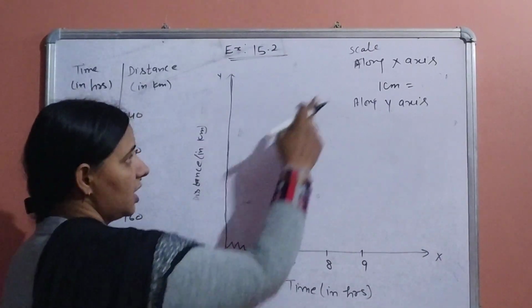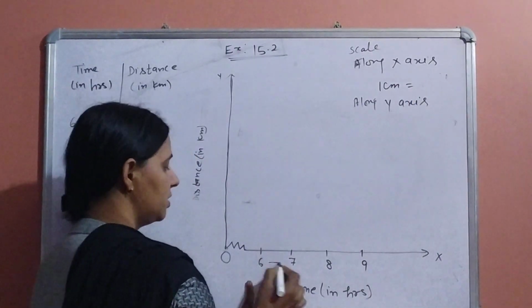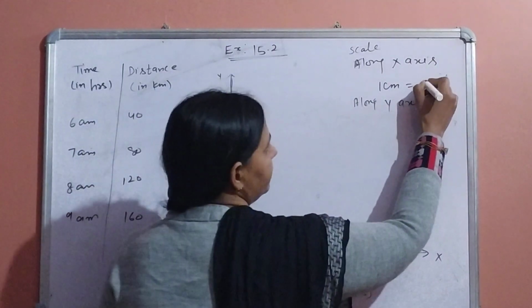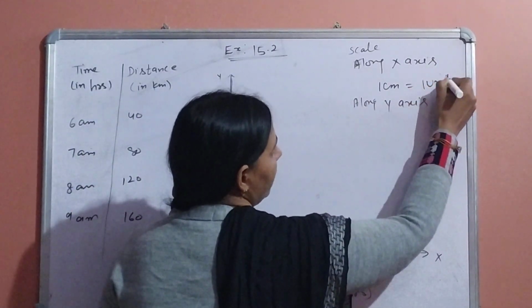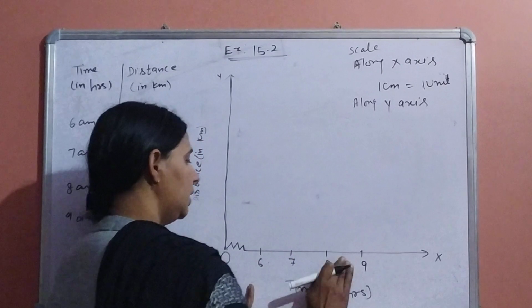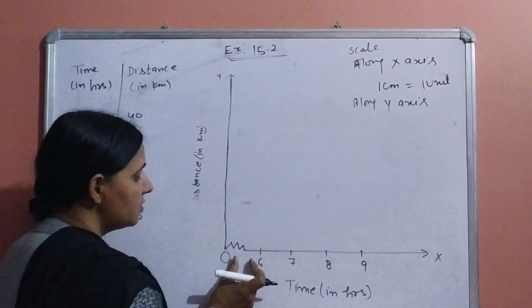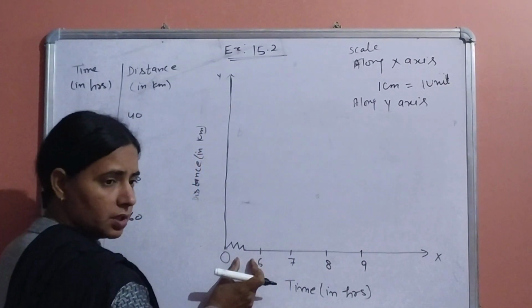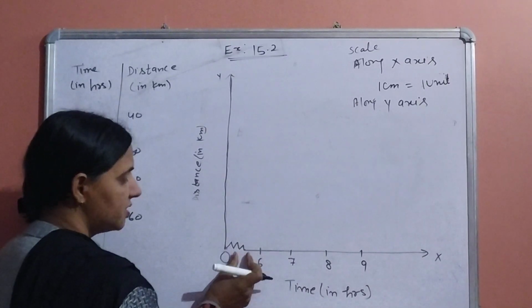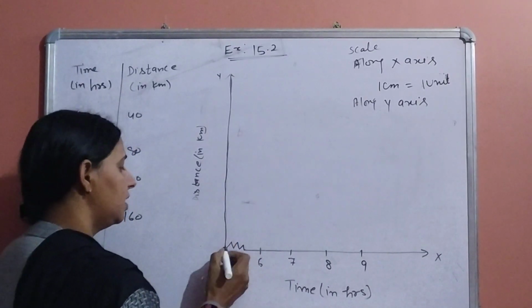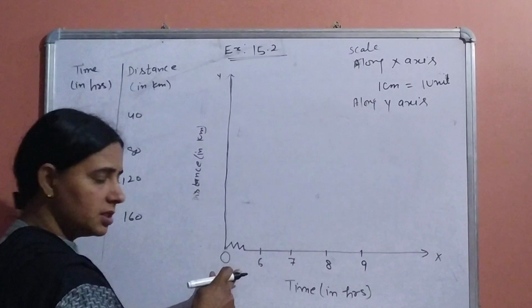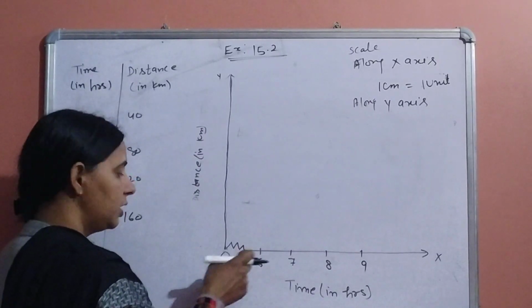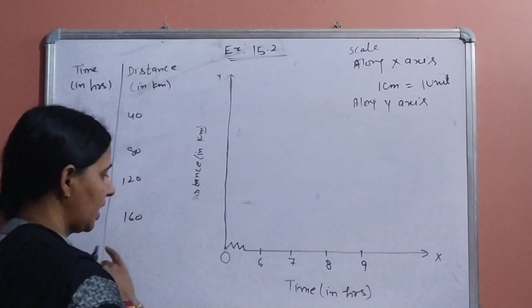Because here I will write the scale along the x-axis as 1 centimeter is equal to 1 unit. But this 1 centimeter is equal to 6 units, so the scale is not satisfied for this 1 centimeter. That's why here we are giving a kink.